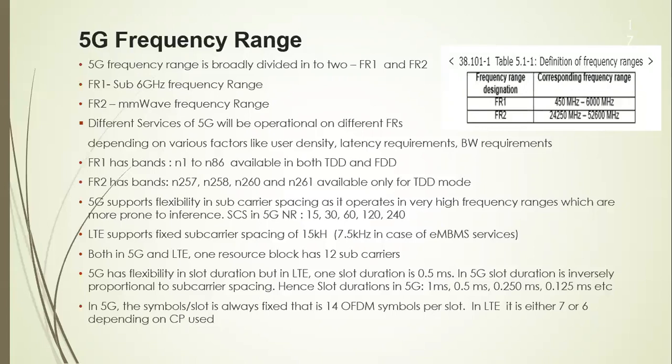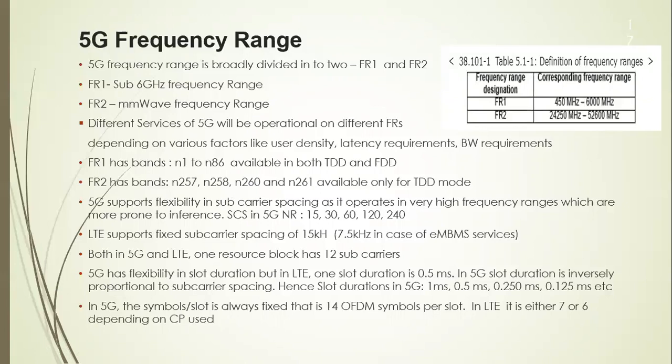So FR1 has radio bands starting from N1 to N86, which are operational, which support TDD and FDD. And FR2 has radio bands such as N52, N58, N60, and N61. They are operational only in the TDD mode. 5G supports flexibility in terms of subcarrier spacing.